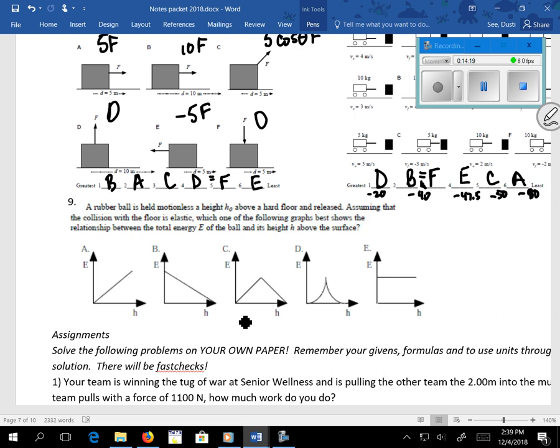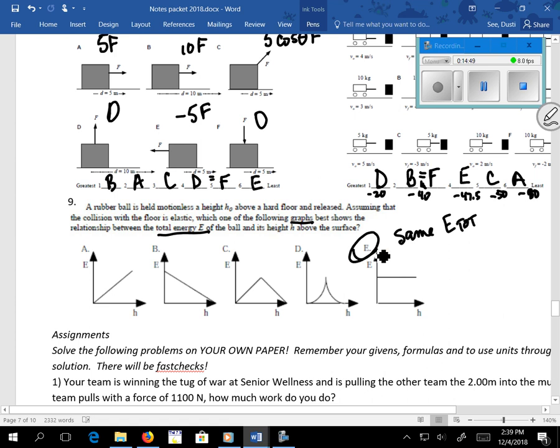Well, the key to this question is, yes, it has more potential energy at the beginning, and then it has less potential energy when it hits the ground. But this is asking for a graph of total energy, and total energy really should be the same regardless of what height we are. If we have the same total energy all the time, that graph should be E.